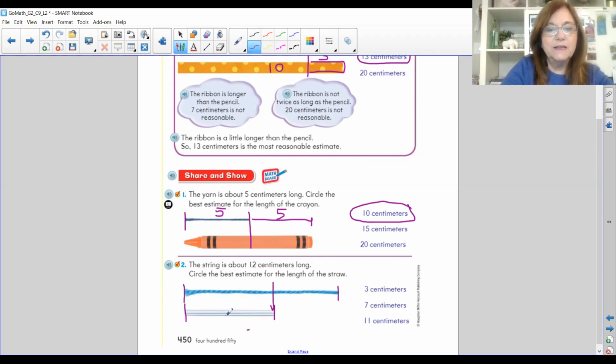Or do you think the straw is 7? Or do you think the straw is 11? Well, 11 would be about here. 7 might be there, but 3 would be way down here. So if you chose 7, you are correct. It is 7 centimeters. Okay, we're ready for the next page already.